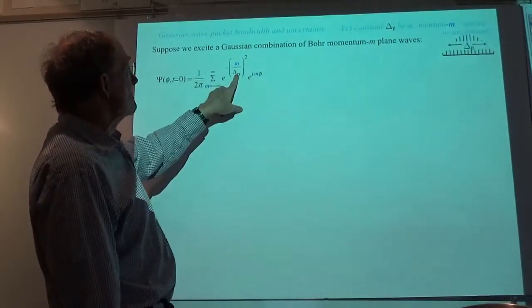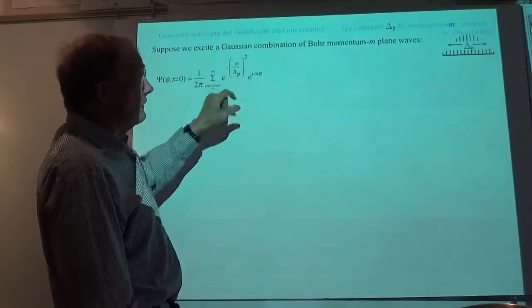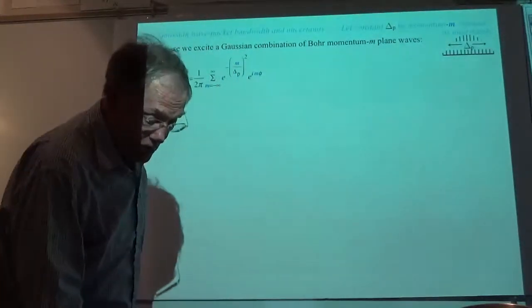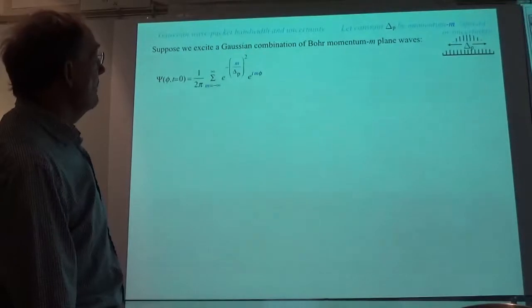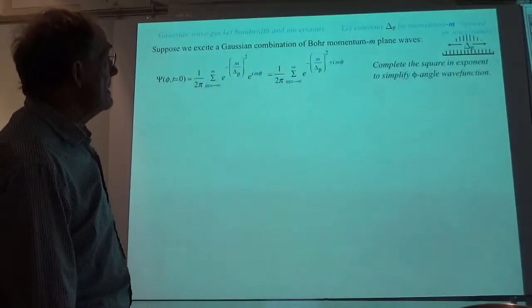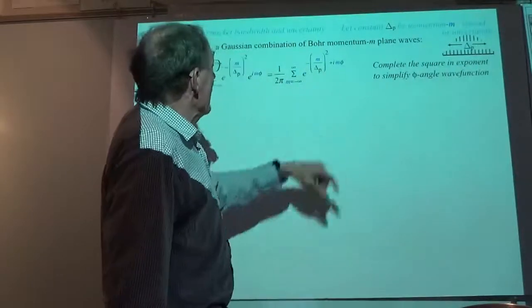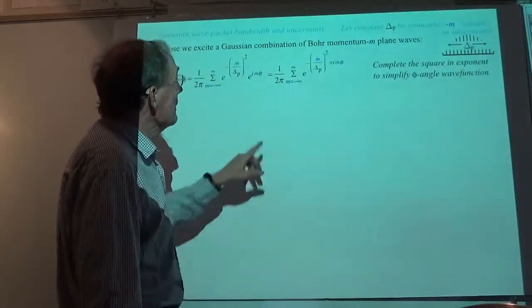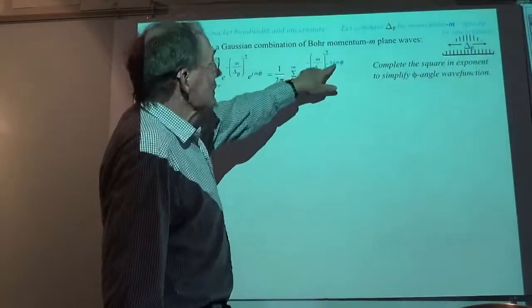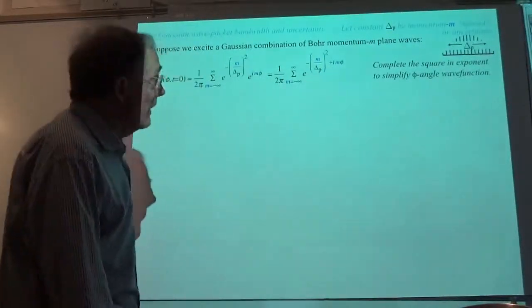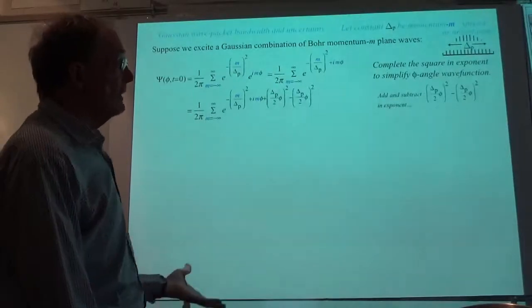Okay? So we need to evaluate this the way we did the boxcar spectrum. The idea is to complete the square in the exponent here. I want to complete the square of this quadratic. That's the trick. That's the algebraic trick.